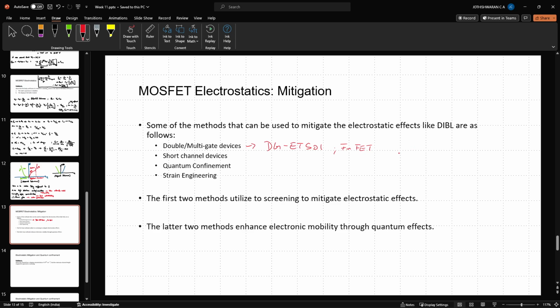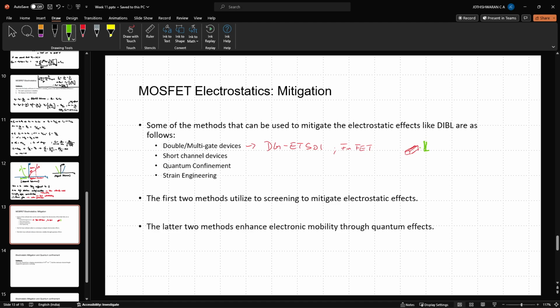Essentially, we will have our channel going like this, and we will have a gate that envelopes this. So the gate is grown like a fin around this structure.